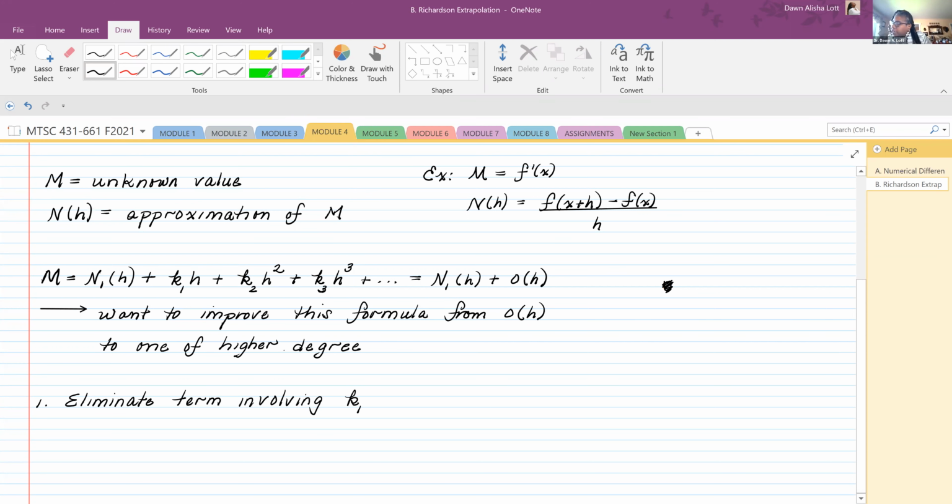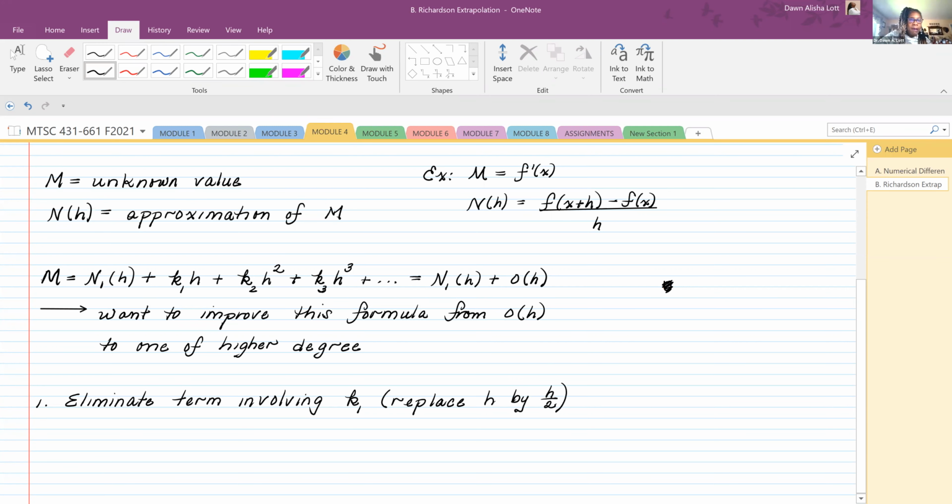If I can eliminate the term involving K1, then this thing becomes order h squared. All right, so what I'm going to do is replace h by h over 2.